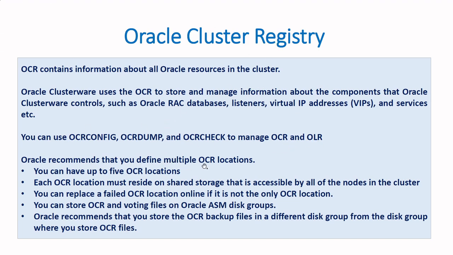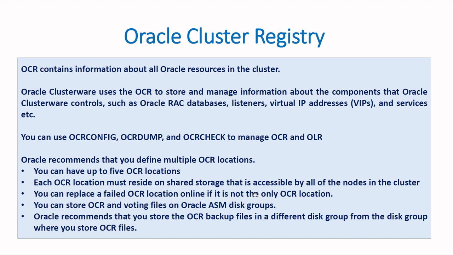Oracle recommends that you define multiple OCR locations. You can have up to 5 OCR locations. Each OCR location must reside on a shared storage that is accessible by all nodes. So make sure that every location where you are keeping the OCR is accessible by all nodes in the cluster.